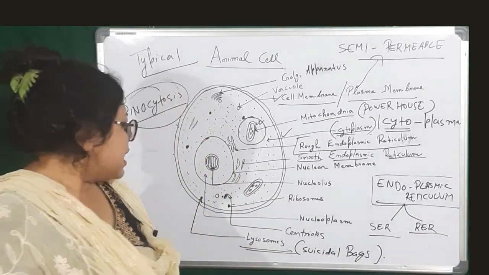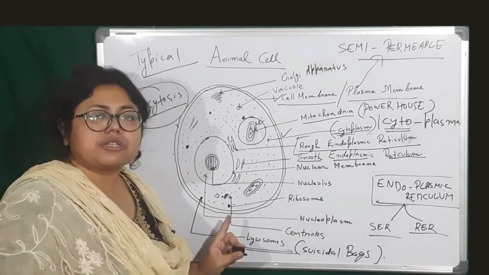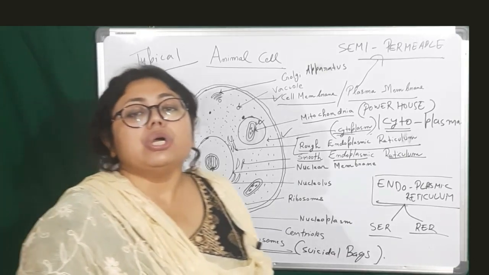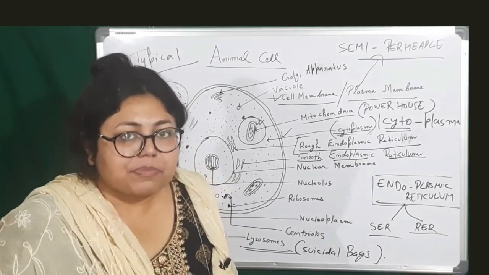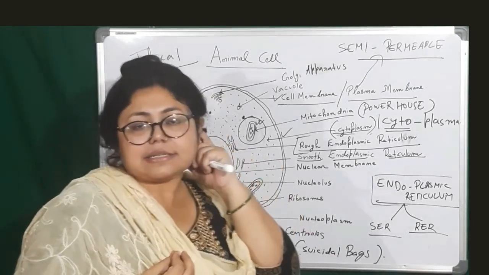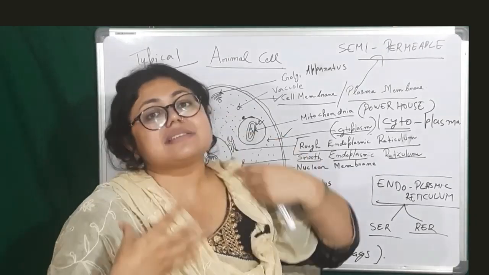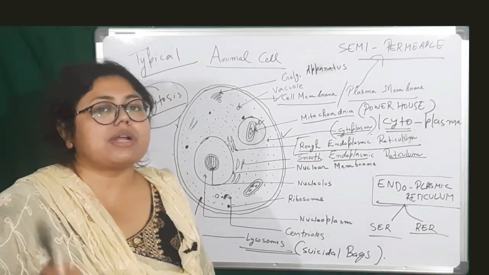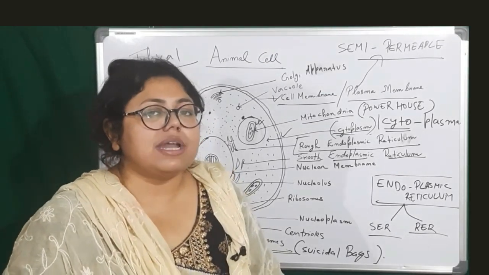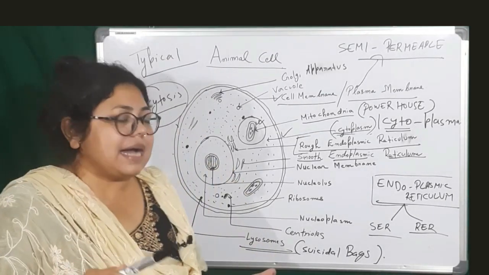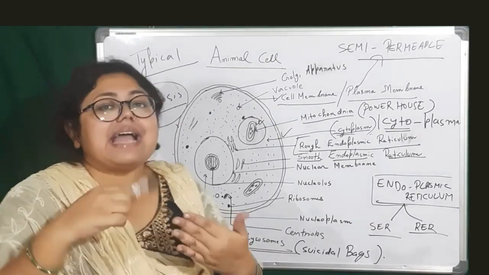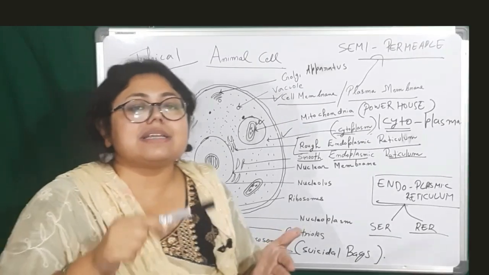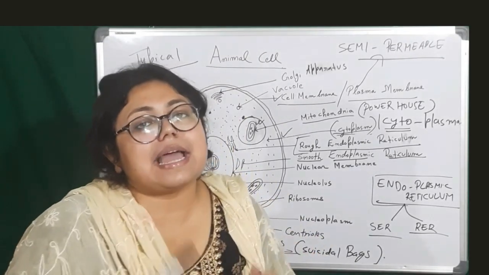Why? Because lysosomes are granular structures present in the cell, and they have the capacity to release digestive enzymes. Sometimes these digestive enzymes go against the cell itself and digest it.